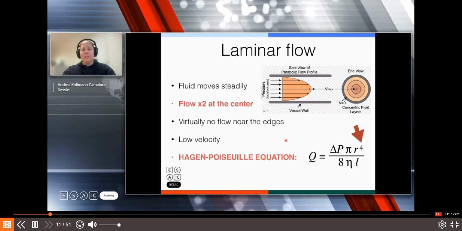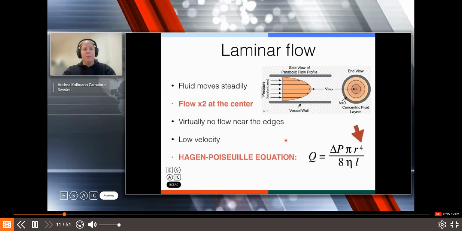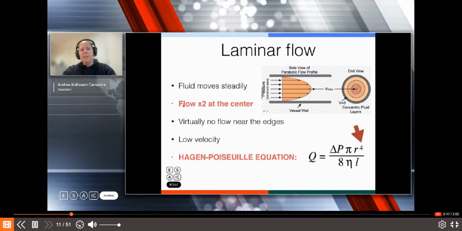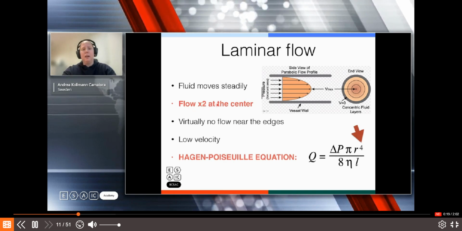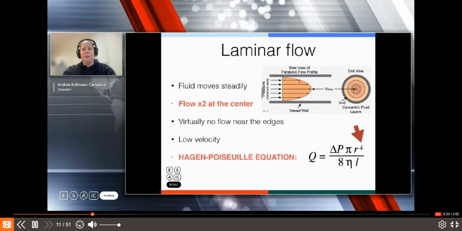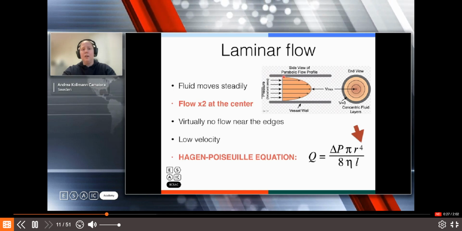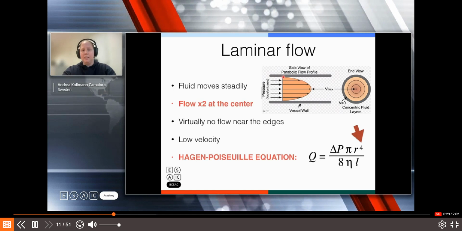There are certain characteristics that are marked in red that you need to memorize for the exam, because they have come before. For example, the flow is 2 times as much at the center. This is twice the flow compared to the sides. And there is virtually no flow near the edges.